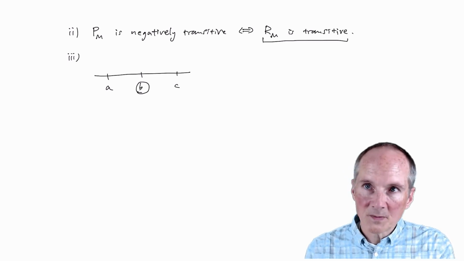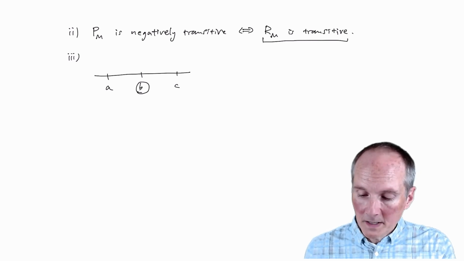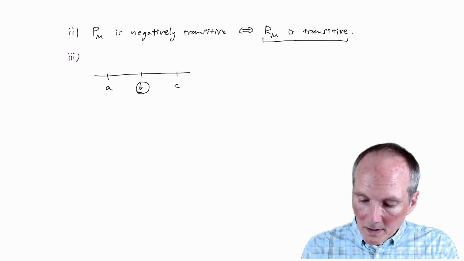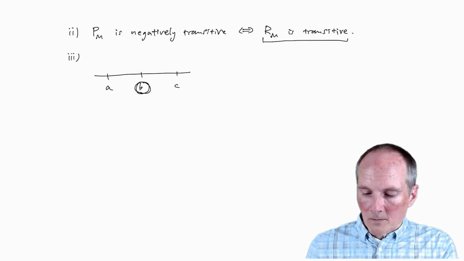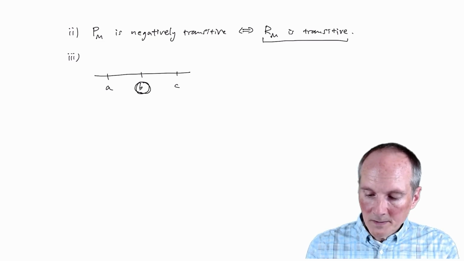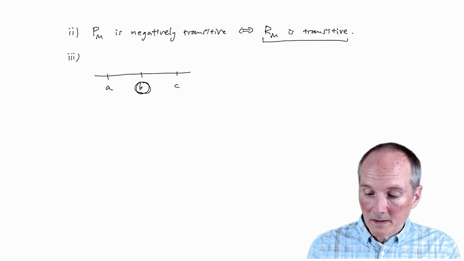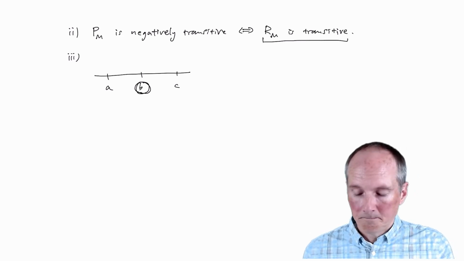In fact, specifically what I want to say is that if you look at any voter, they have to prefer B to either A or C, right?